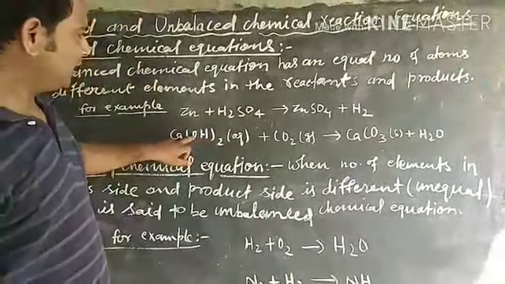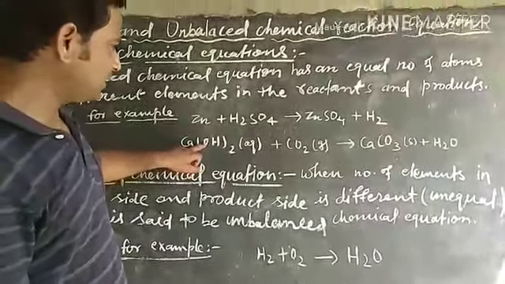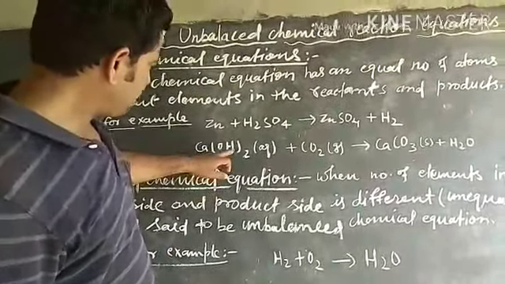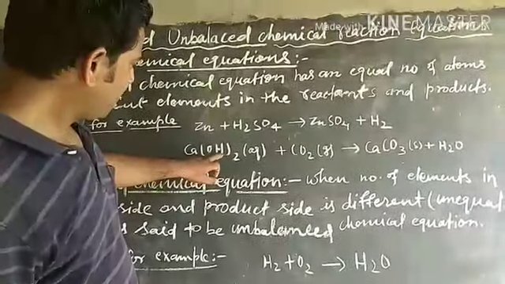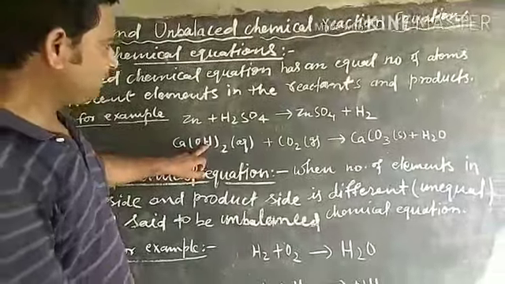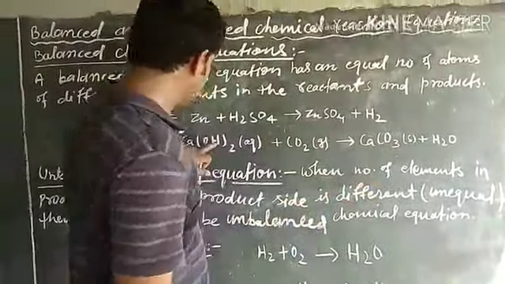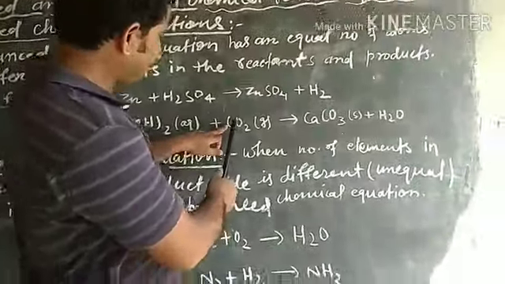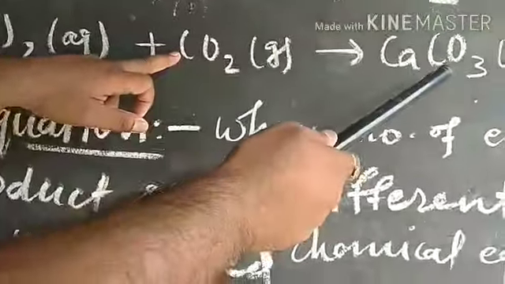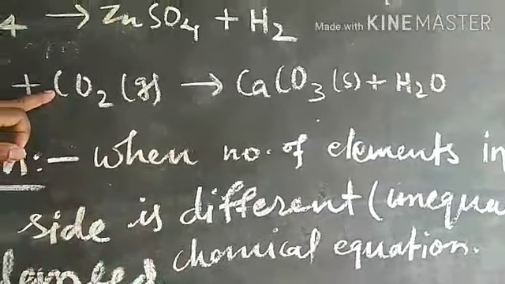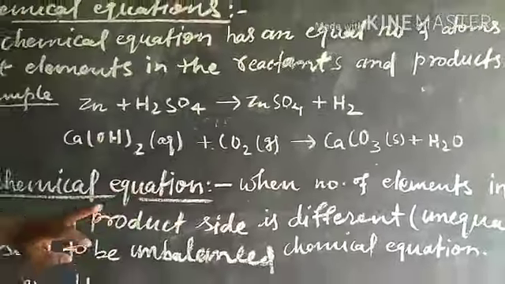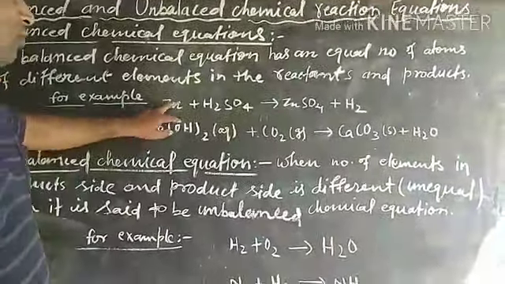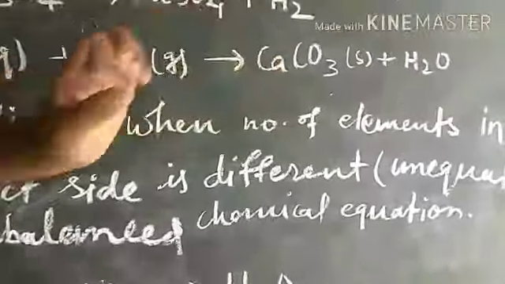So oxygen is equal on both sides, so it is balanced. Now come to the O2. O2 on the reactant side and O2 on the product side are also equal. And carbon: the number of carbon atoms is 1 on the reactant side and also 1 on the product side. So overall you can say this equation is also balanced because the number of elements on the reactant side is equal to the number of elements on the product side.